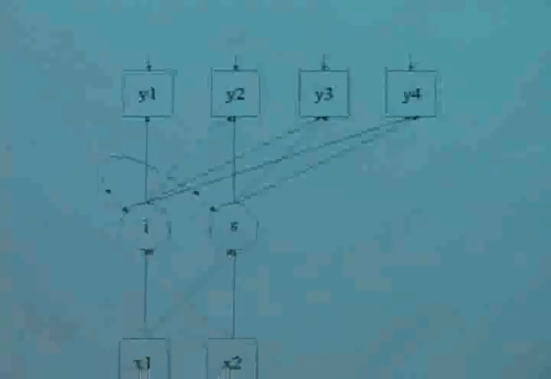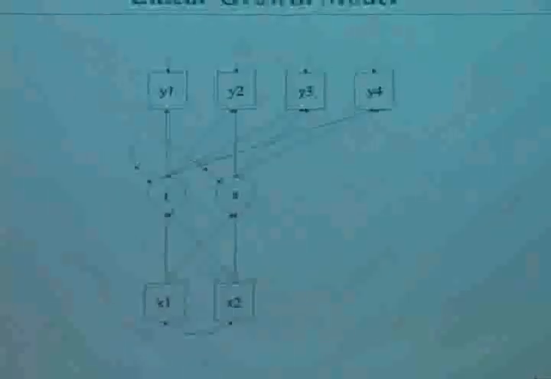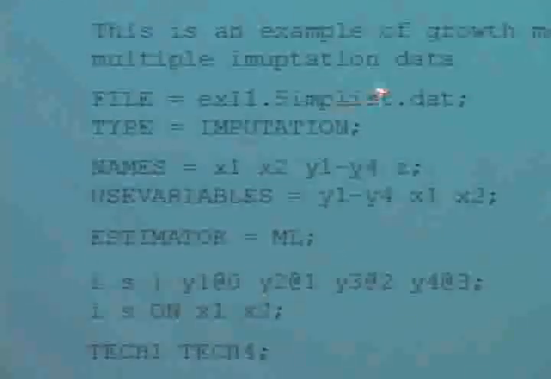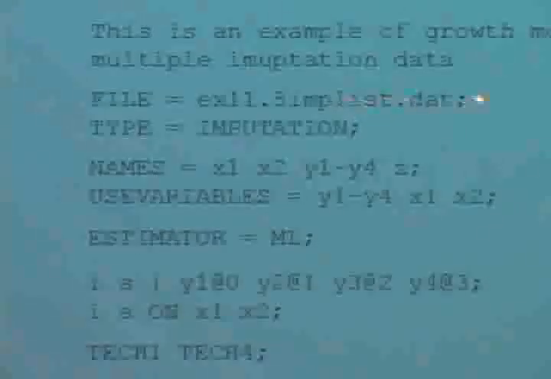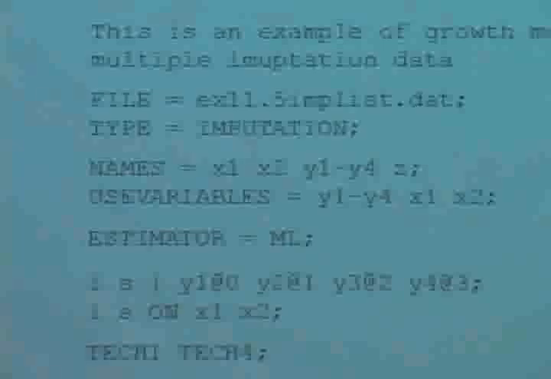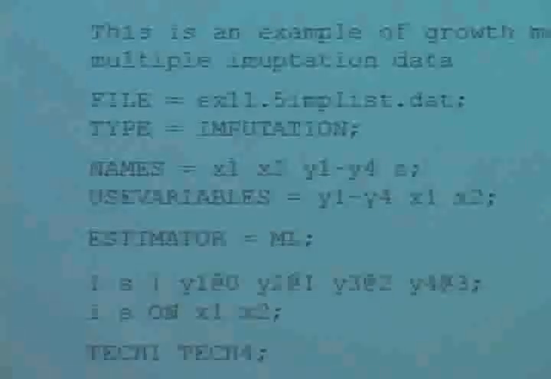Now we want to use these variables that we've made imputations for in the linear growth model. How do you do that? Well, in the data command, you say type equals imputation, and the file name is imp, and instead of star, you say list here. Say list, and then you're going to use all of those different data sets that you imputed.